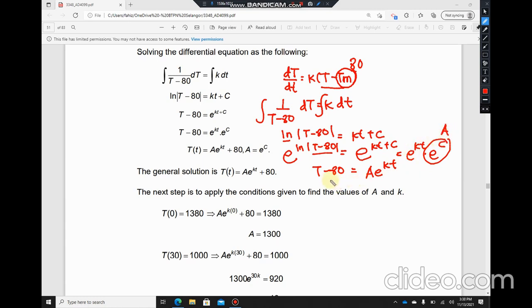So now T equals A e^(kt) plus 80. We get this general solution of temperature.